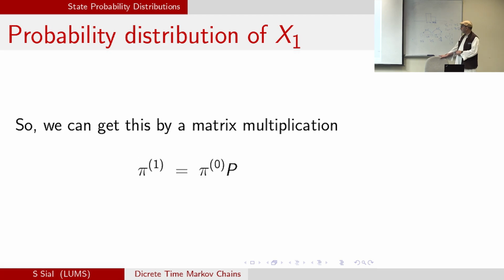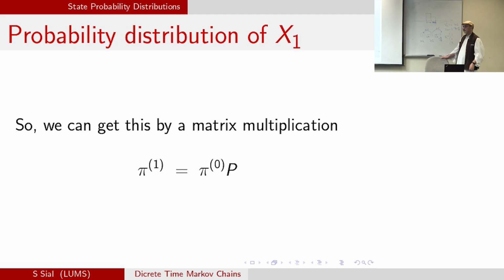If I know the probability that the system will be initially in state 1, or initially in state 2, initially in state 3, that's this row vector pi of 0, assuming that it's known or can be estimated.